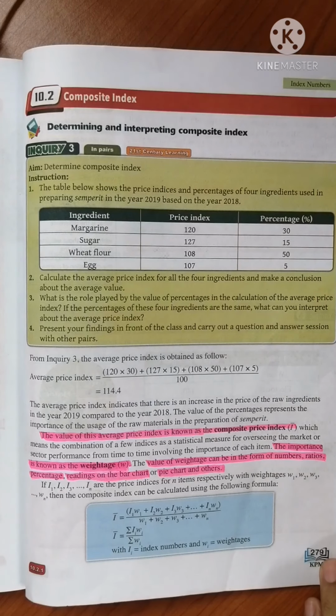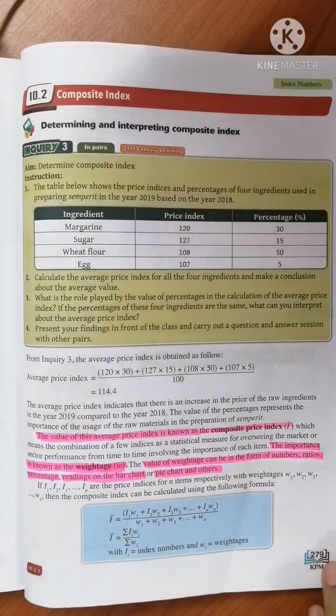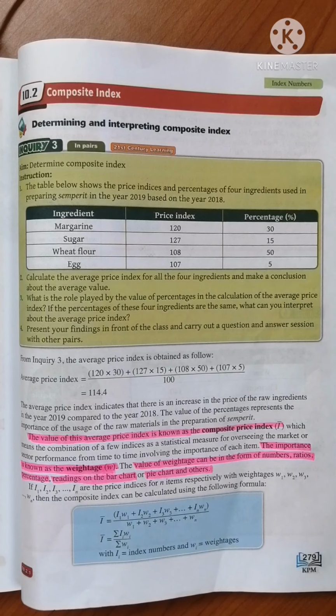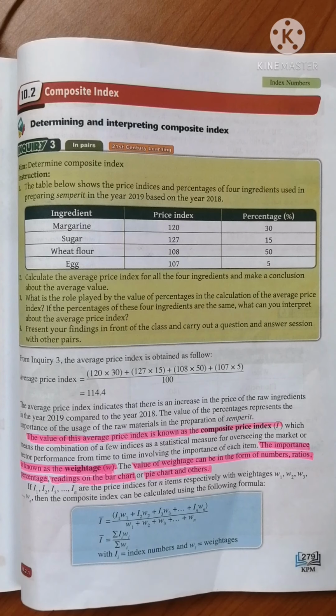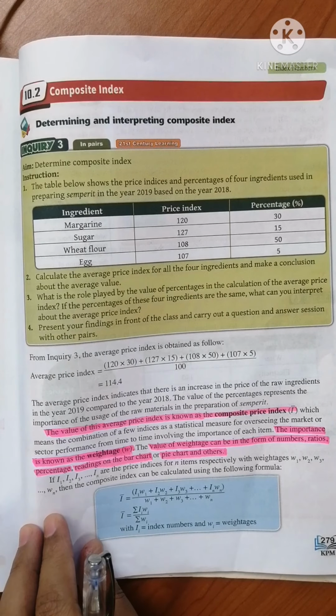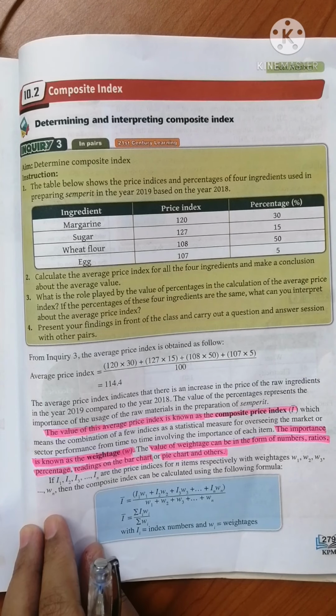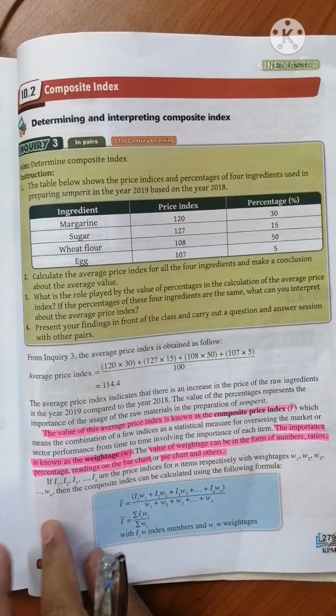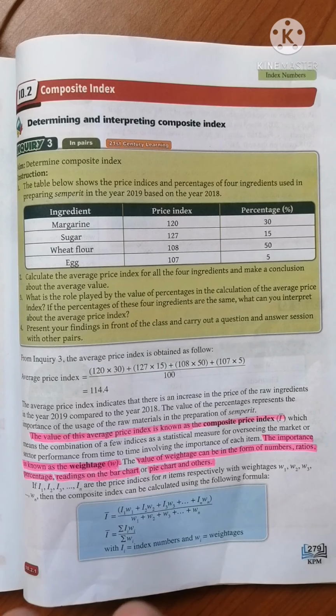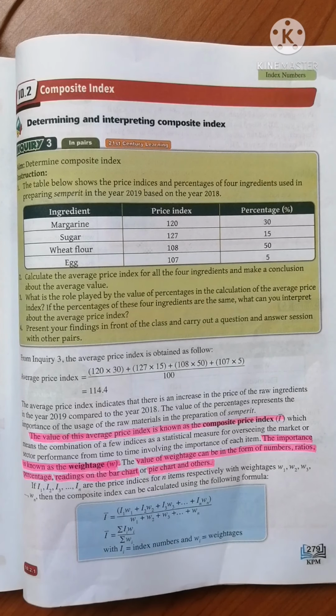So for today's video, I will continue chapter 10, which is index number, and then I will explain to you regarding subtopic 10.2, which is composite function. For our first lesson in subtopic 10.2, there are only two learning objectives for you to learn.